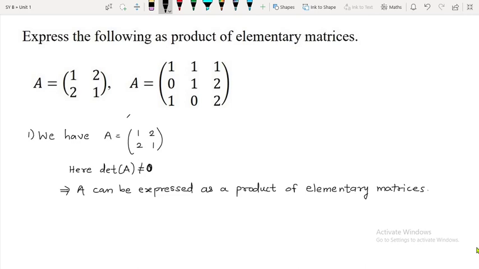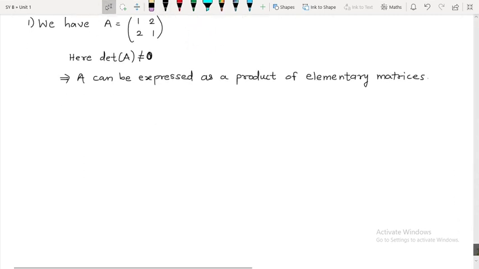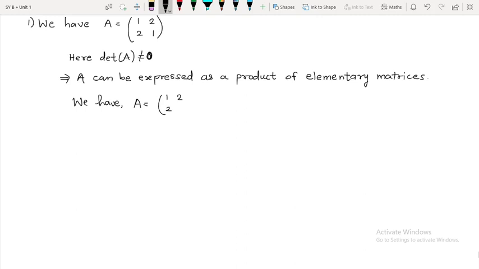Okay, so now let us perform some row operations on A and let us convert it to what? Identity matrix. So what we are having? We have our A to be equal to 1 2 2 1. So what should be the first operation that we should perform?